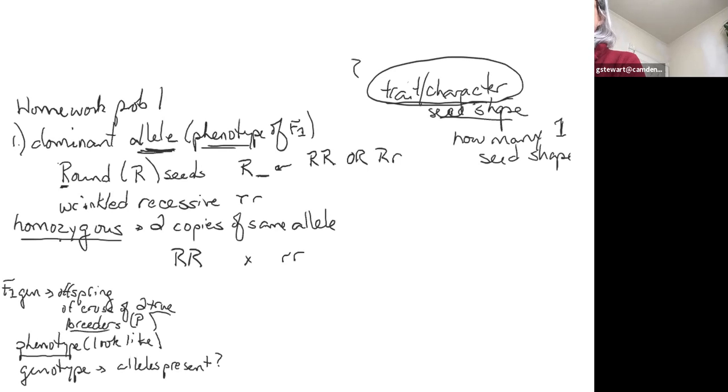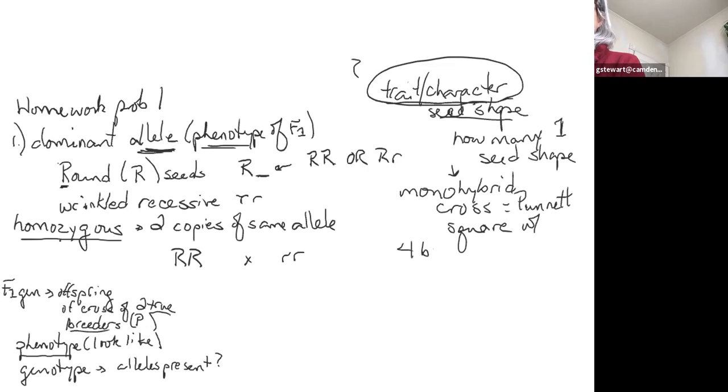Because it is one trait, we refer to that as a monohybrid cross. And that means we do a Punnett square with 4 boxes.